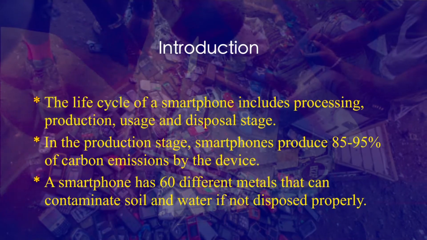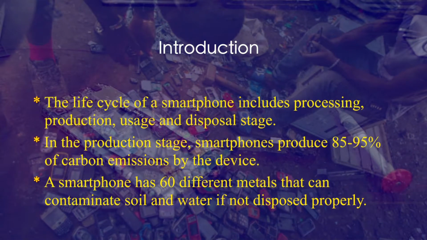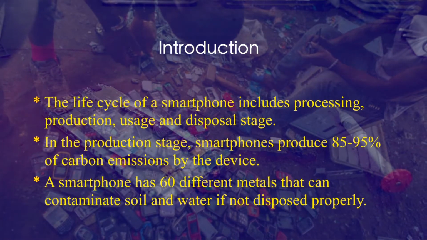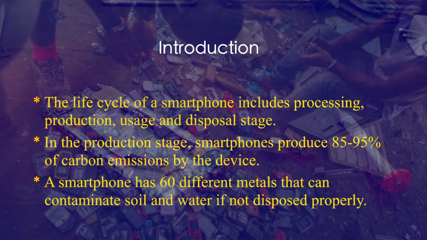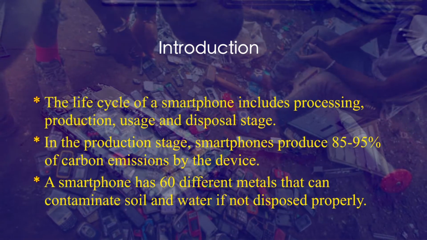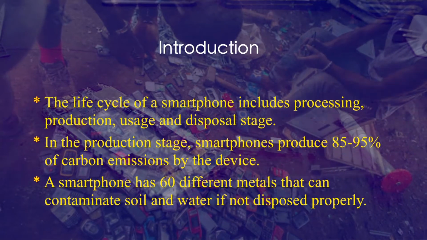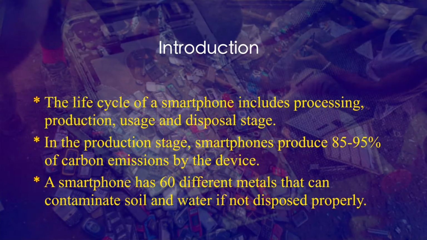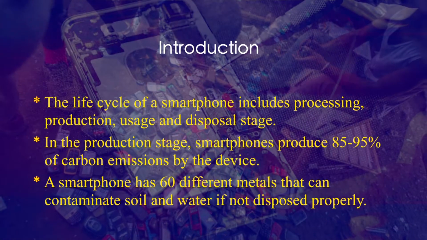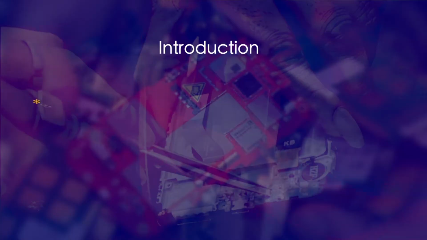Moreover, a smartphone has 60 different metals that can contaminate soil and water if not disposed properly. Discarded smartphones add to toxic e-waste, which then leach into the groundwater. India becomes one of the highest e-waste generating nations along with the other developed countries.